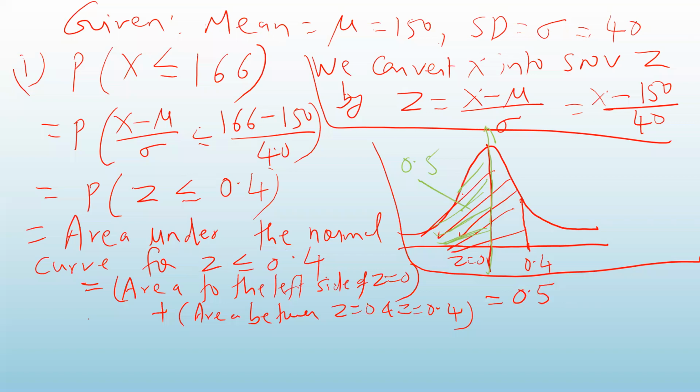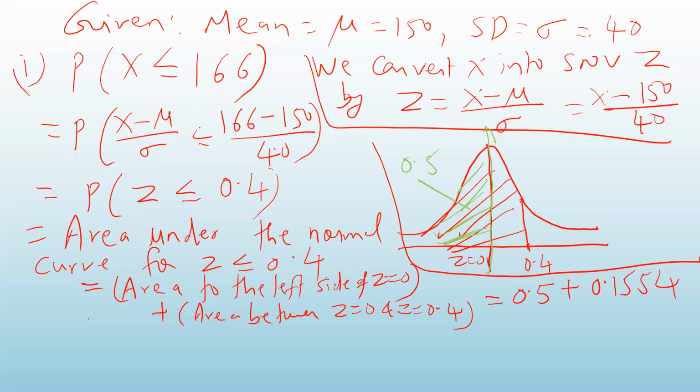So this area to the left side is 0.5, plus the area between z equal to 0 and z equal to 0.4. It is given in the table. So let me just read from the table. Z equal to 0 and 0.4, this area is 0.1554.